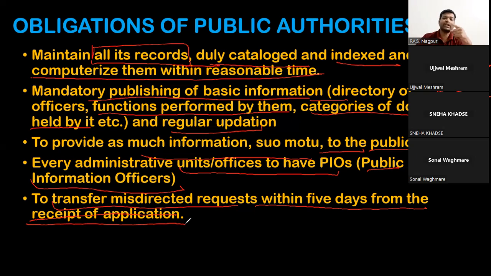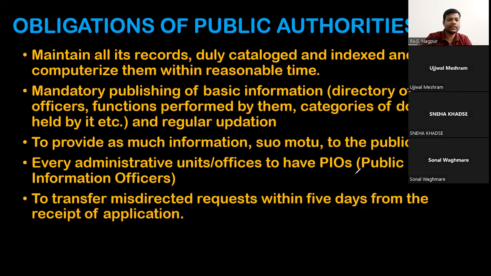Then the PIO in the Ministry of Social Justice will transfer this to the DOPT, that is, the Department of Personnel and Training. This will take 5 days, and this is the responsibility of the PIO. This is the obligation of the PIO or the public authorities.